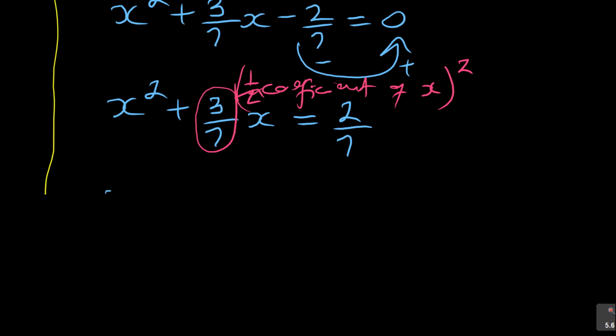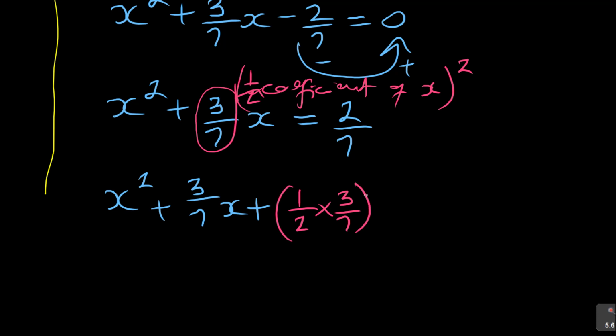So you're going to say x squared plus, you write it as is first, 3 over 7x, then plus, look at it. Then now we do the coefficient of x. We say 1 over 2 times the coefficient of x is 3 over 7, half the coefficient of x, put a bracket, and then you square it.